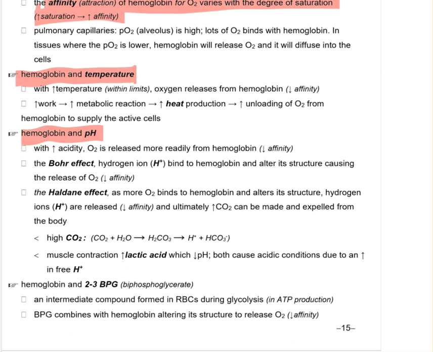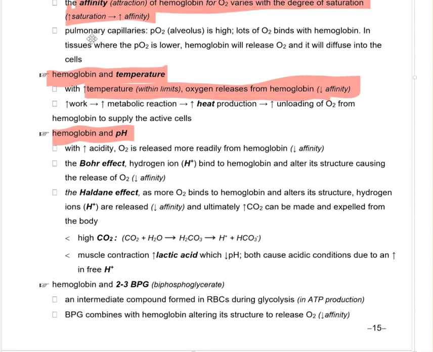So if your body temperature increases, now within limits, of course, like let's say you're exercising, your heart rate goes up, you're producing a lot of ATP and a lot of waste products, and you're not efficient, so your body temperature goes up. Oxygen releases from hemoglobin where there's very warm temperatures, so the affinity goes down. So why would this be? Well, I think this is a good thing. If there's work happening and metabolic reactions, as I said, there's heat production.